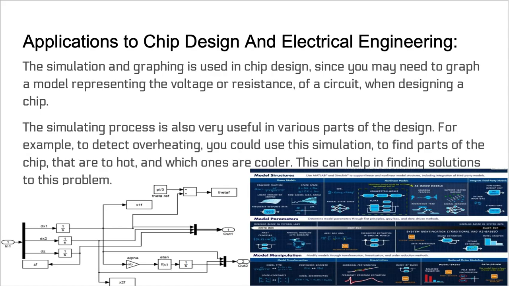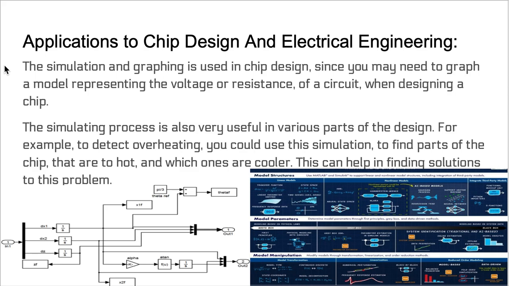Here I'm going to discuss some of the applications to chip design and electrical engineering. So, you may need to graph a model representing the voltage or resistance of a circuit when you're designing a chip. And this simulating process in Simulink is helpful for that.